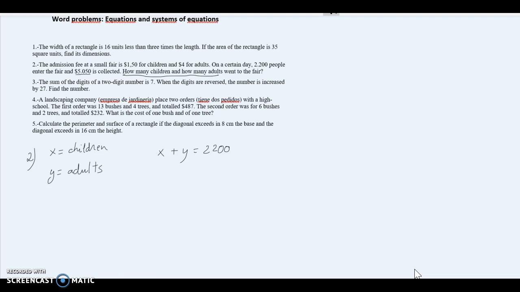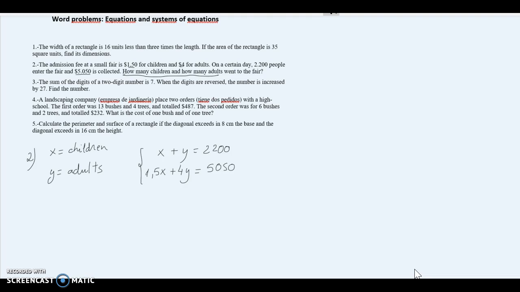So if we multiply the children and adults by the ticket fee, 1.50 and 4, we are going to have 1.5x plus 4 times y. So this is the total money collected in the fair. So I will get 5,050.